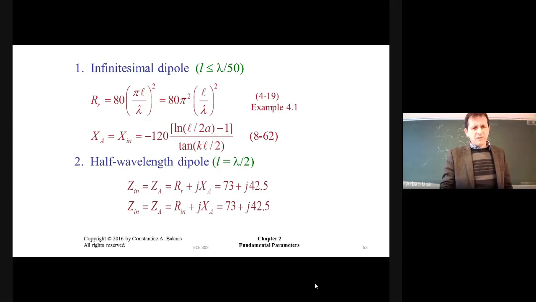From here we can also see that anything smaller than the wavelength divided by 50 can be considered, in terms of geometrical length scales, an infinitesimal dipole. We can also have half wavelength dipoles, which, based on the name, means the length scale of this antenna would be half the wavelength.